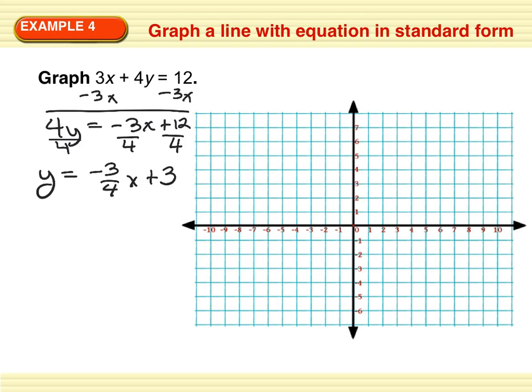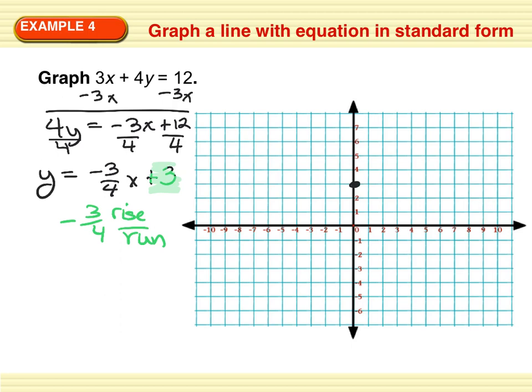Now that it's in y equals mx plus b form, I can start at my beginning point, which is my y-intercept, and then from there move my slope, which is the rise over the run. Again, it's a negative slope. So my first point is going to go on positive 3.